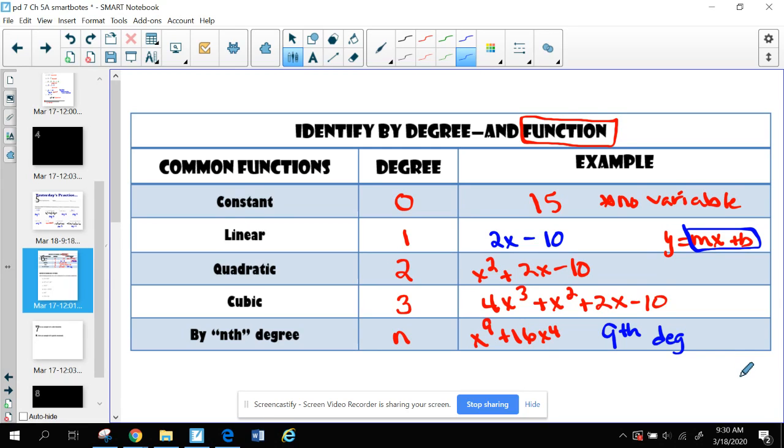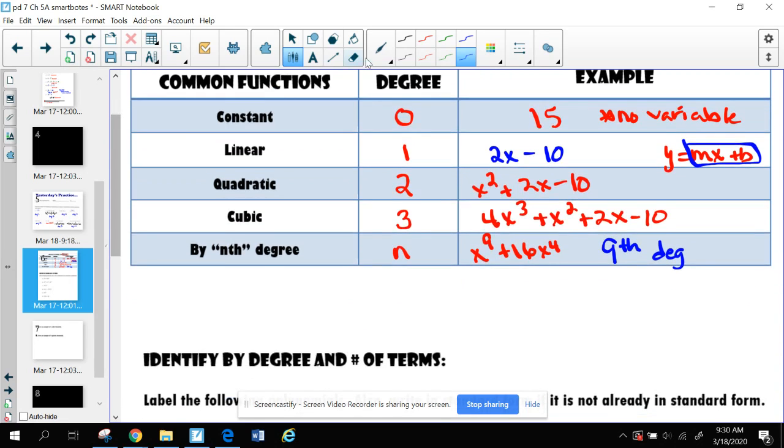Okay. Now, something really important to keep in mind when doing this, and you should have noticed this in our examples. In all my examples, notice in each one, it used the same variable throughout. I didn't have x's and y's. I only had one variable. Now, I could have used y's, I could have used m's, but I chose x's.